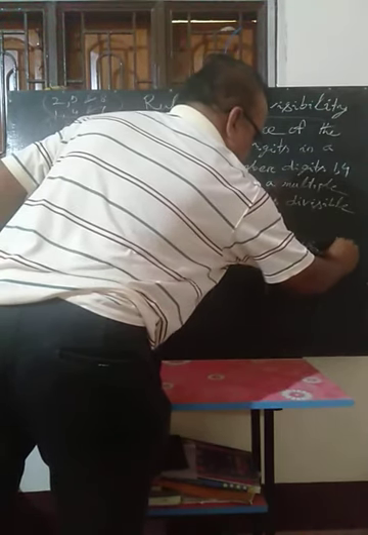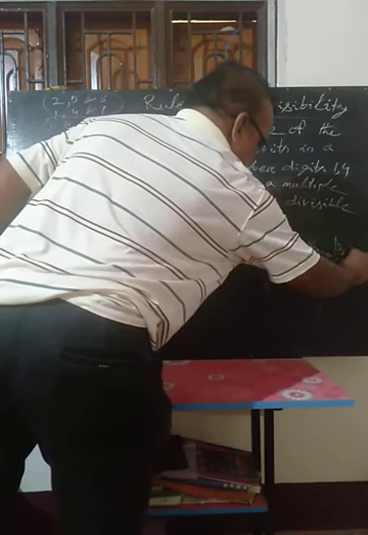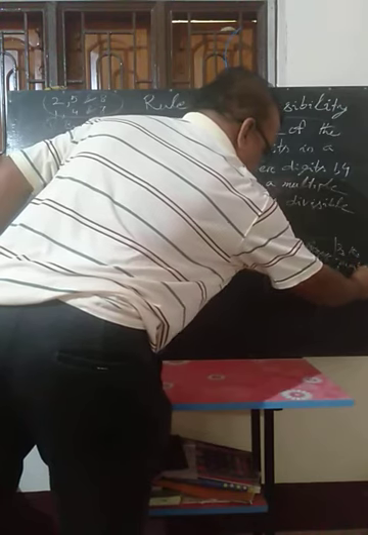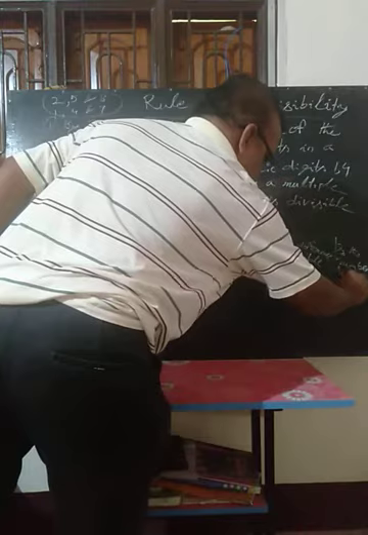Then is the number divisible by 3? In this way you will have to maintain 1, 2, 3, 4, 5, 6 columns.